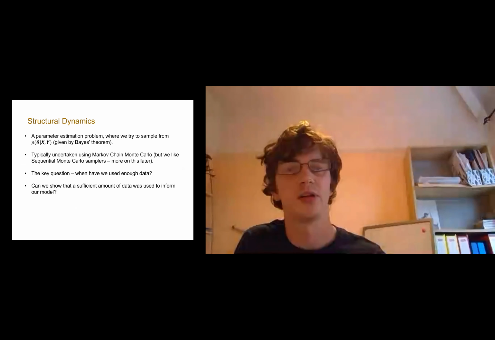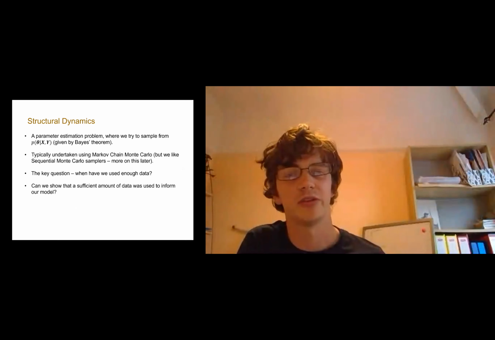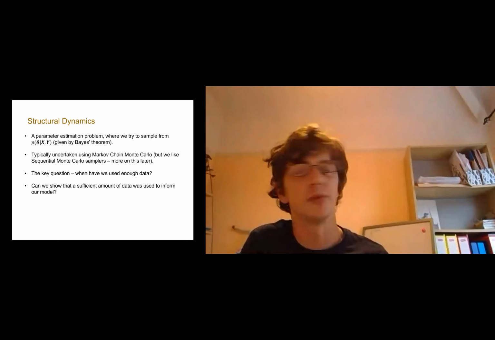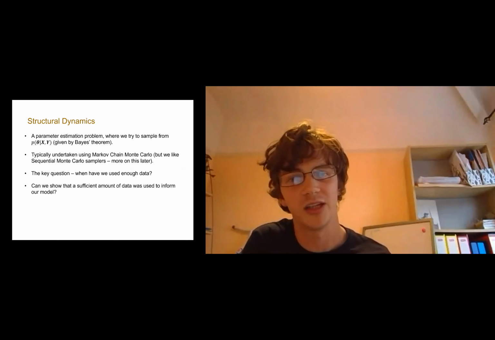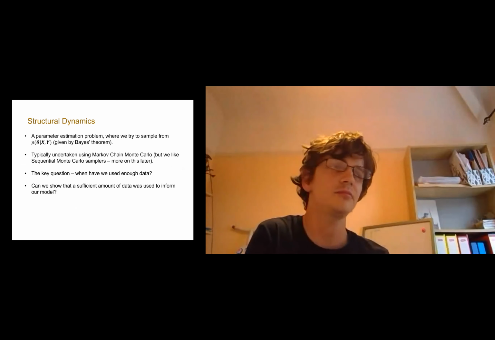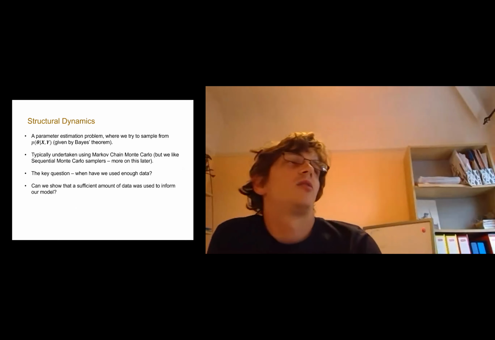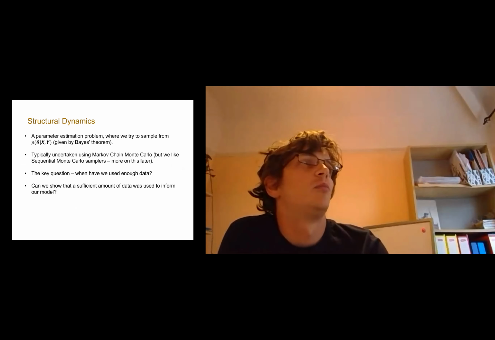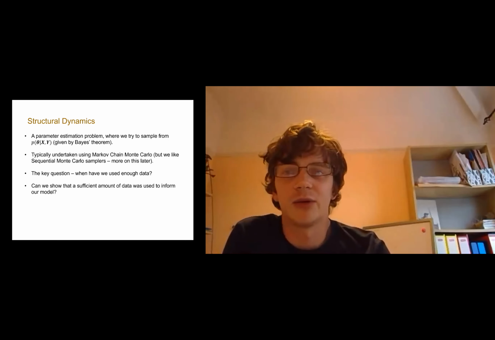So one of the most popular ways of doing that is with an approach called Markov chain Monte Carlo, or MCMC, which is like a generic sampling algorithm. So we did some work with EDF for a while, modeling bits of a nuclear power station.